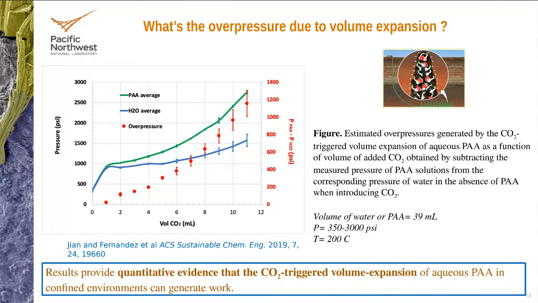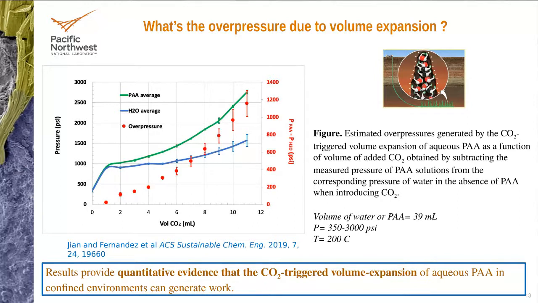But when you have polymer solution mixed, the pressure also increases, but at a higher value for each volume of CO2 added. The pressure differential is, to us, the overpressure or the work associated to the volume expansion.